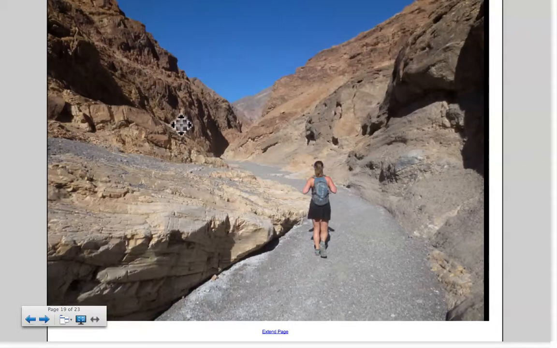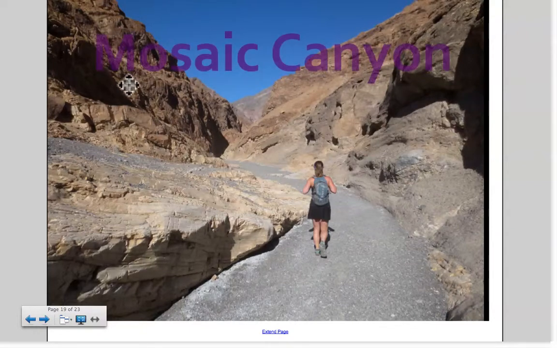Give a thumbs up if you think Mosaic Canyon gets a capital letter. Give a thumbs down if you say, no, it's just a canyon. You should be giving a thumbs up. Notice Mosaic and the word canyon are capitalized. Both are in its name. It's kind of like a first name and a last name. Mosaic Canyon. Capital letters.